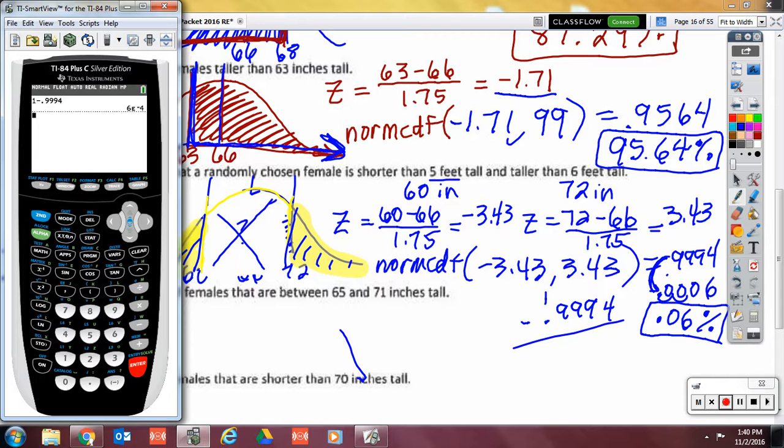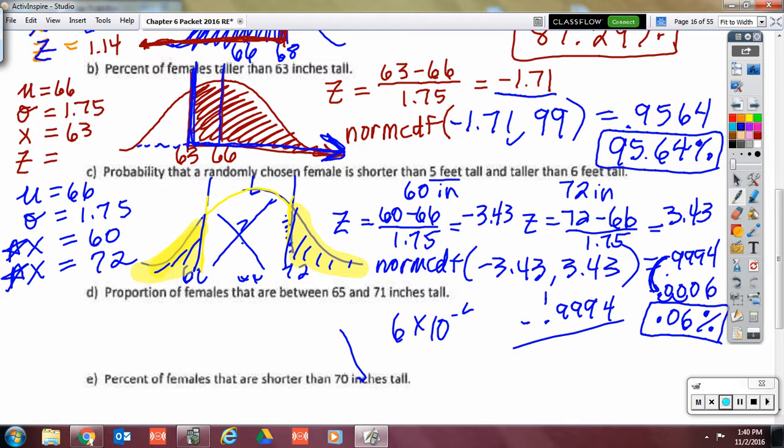Okay, so maybe you would prefer to do 100 minus 99.94%. Ah, that's nicer. So either one of those ways you can do that. Now they are the same thing. Do you know that this little thing right here, 6 times 10 to the negative 4th, means move your decimal 4 spots to the left? 1, 2, 3, 4. Okay? All right. So there's kind of some stuff going on with the numbers.